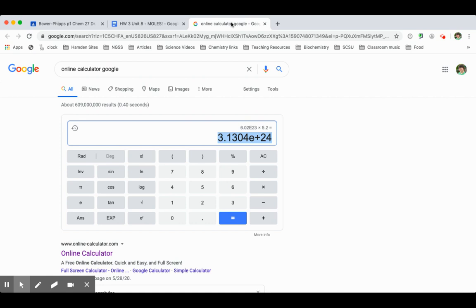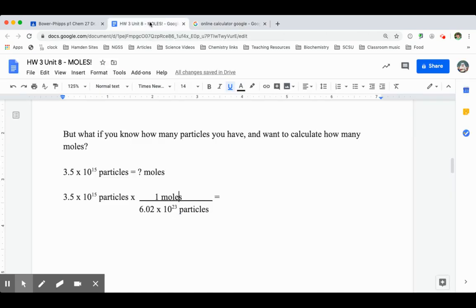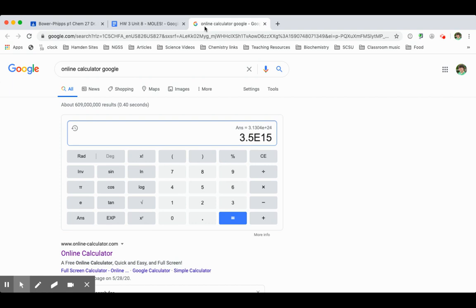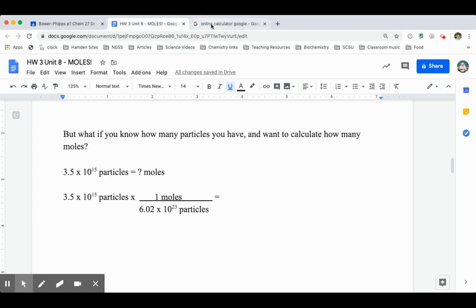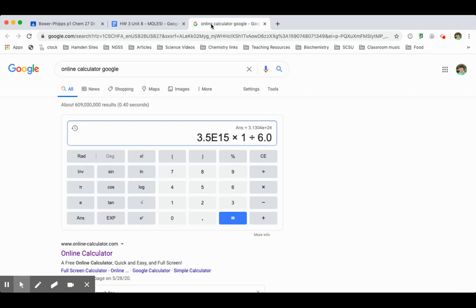So 3.5 times 10 to the 15th particles times 1 divided by 6.02 times 10 to the 23rd. And I get 5.8 times 10 to the minus 9th.